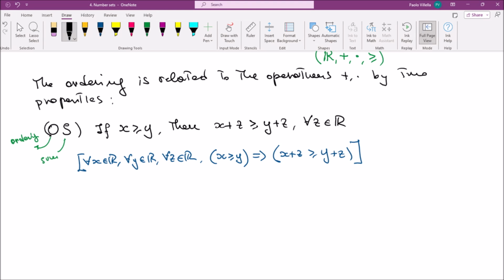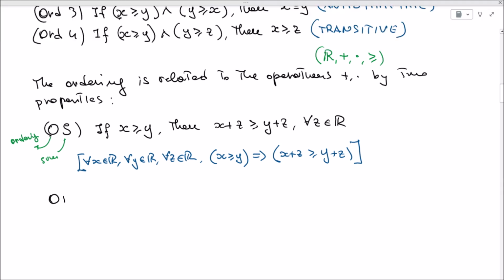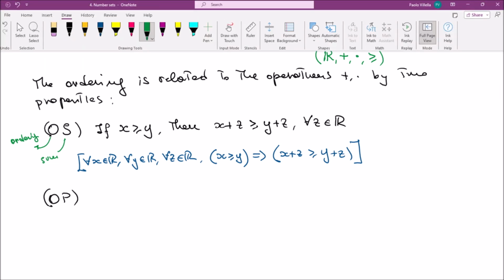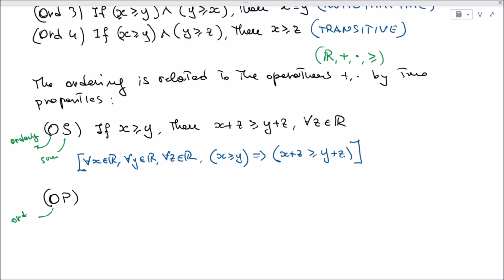The second axiom, we will call this OP, because now it will be referring to the ordering and to the product.